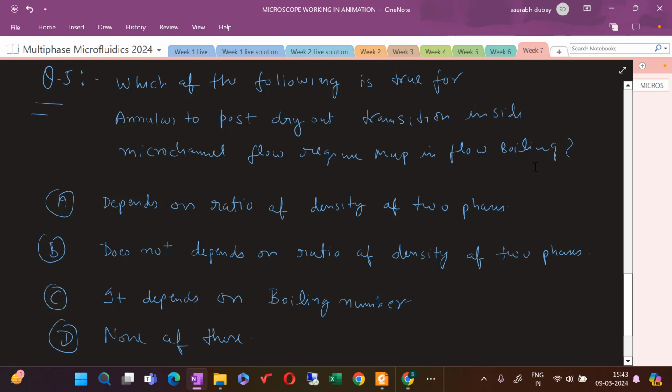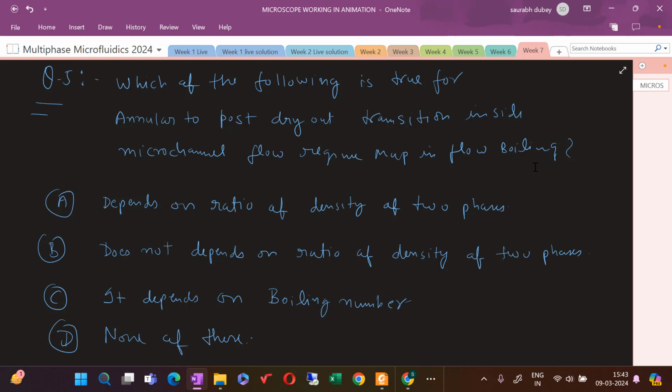Which one of the following is true for annular to post dry out transition inside micro channel flow design, in flow boiling? One option is that it depends on the ratio of the density of the two phases.